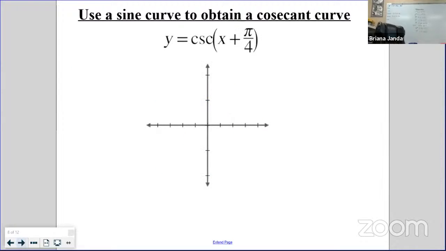Let's do a couple other transformations. Cosecant of x plus pi over 4. So again, the first thing I'm going to do is consider what is the reciprocal.